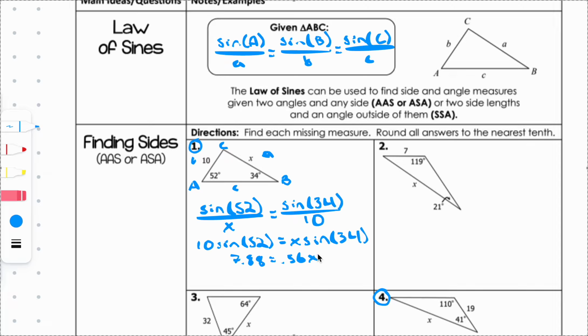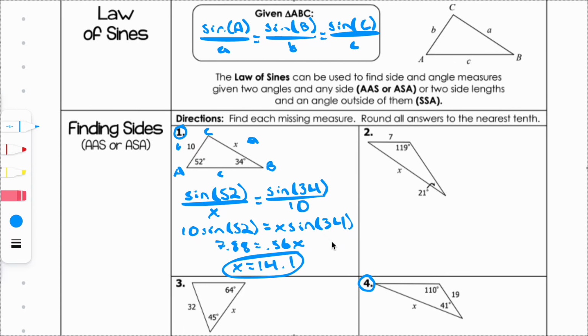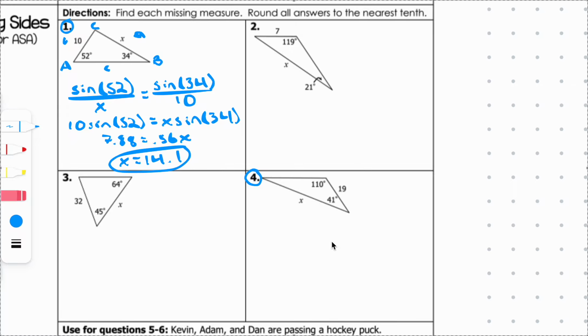Now I'm just going to divide both sides by 0.56. So I end up doing 7.88 divided by 0.56. And I end up getting about 14.1. So x equals 14.1. And that would be our side length for x. Okay? So that's where we can use law of sines to find that unknown side length.